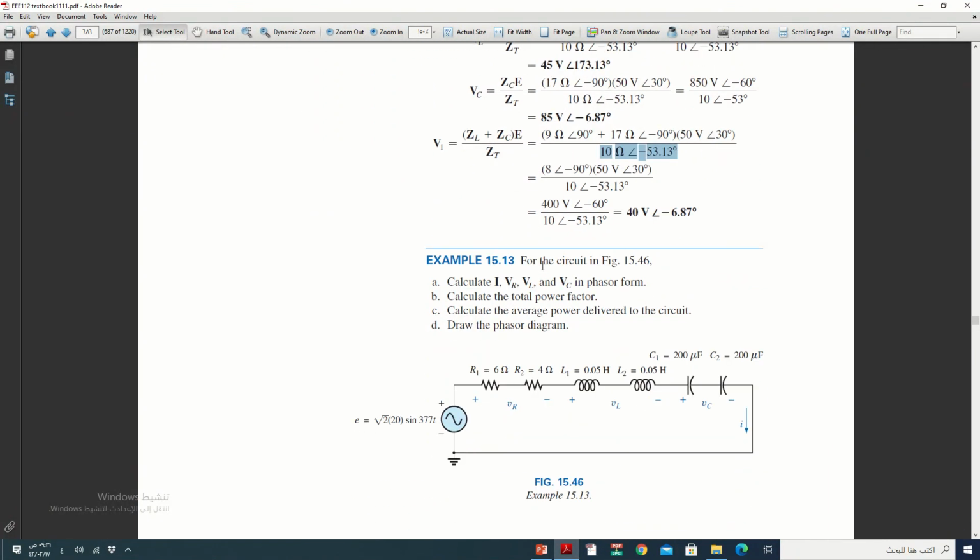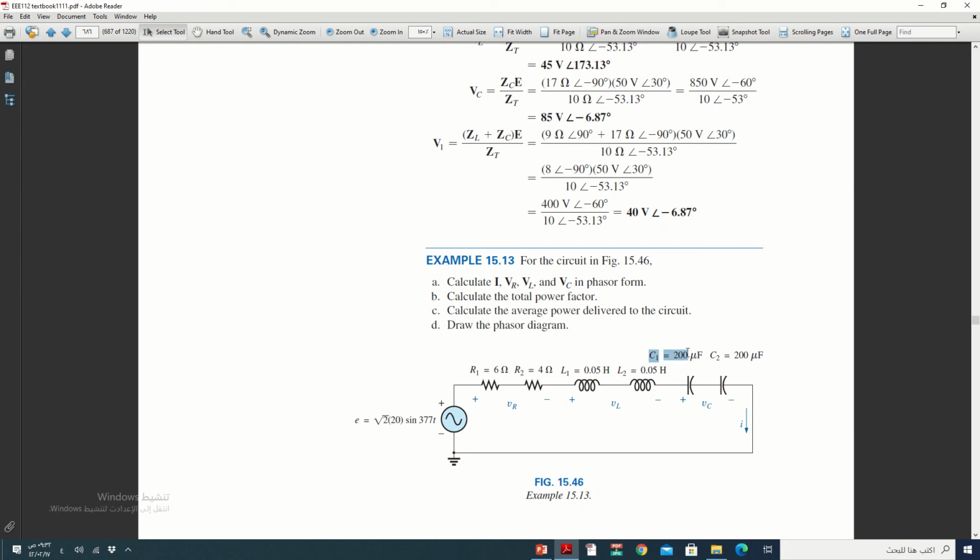Last example we'll go through. Many resistors, many inductors, and many capacitors in the circuit, and it's given in Henry, not Ohm, and Farad, not Ohm.